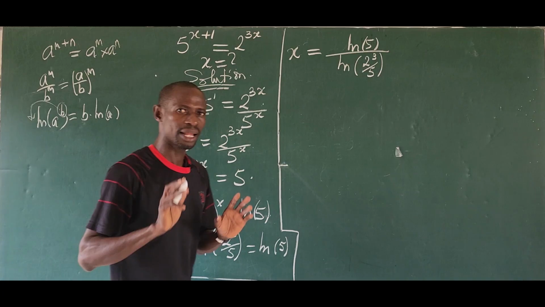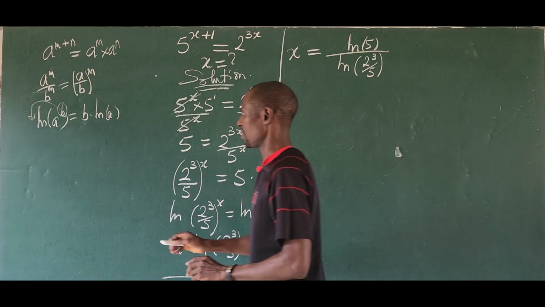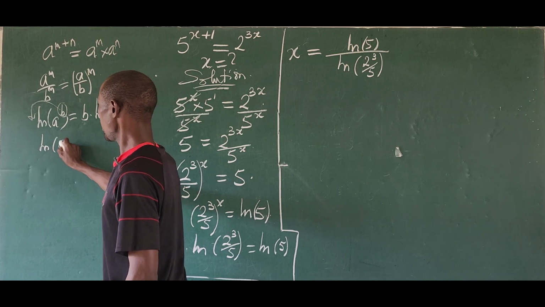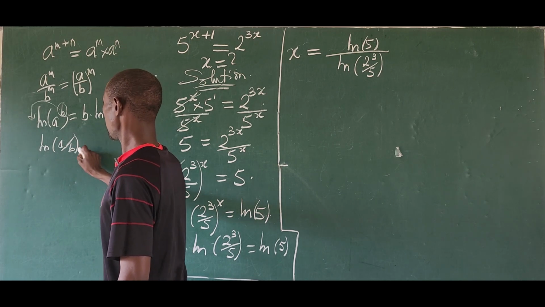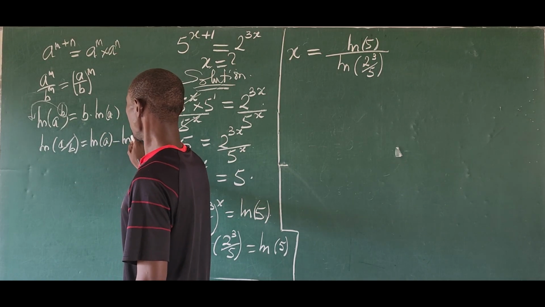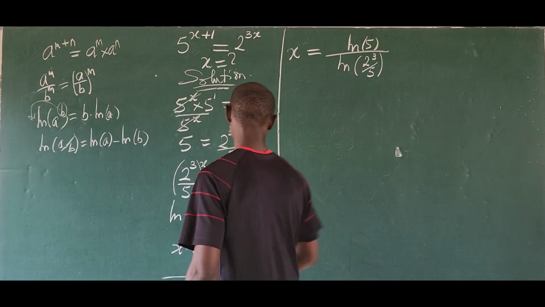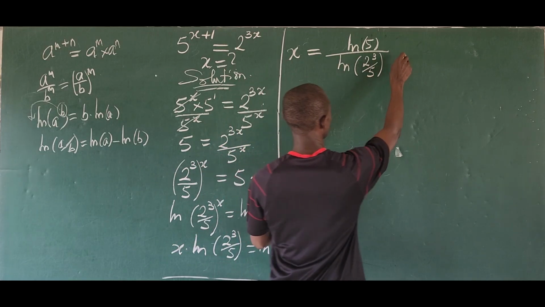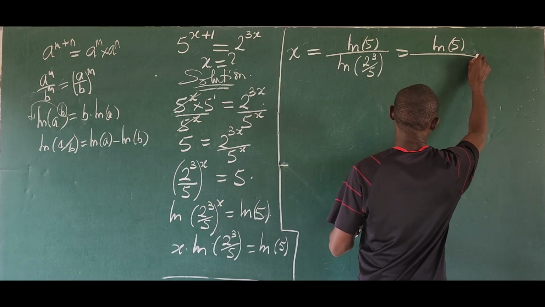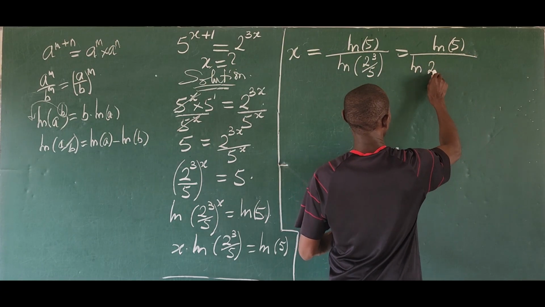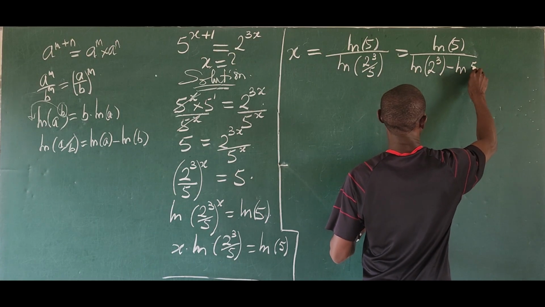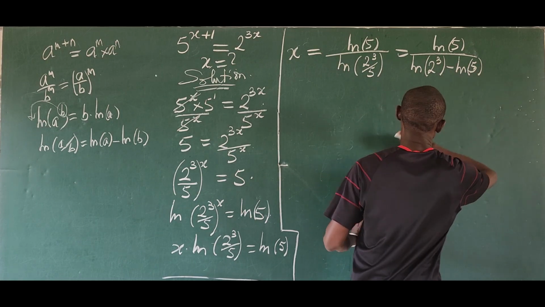Here we apply another law of logarithm, the division law, which says that when you have the ln of a divided by b, this is equal to the ln of a minus the ln of b. So this is going to give us the ln of 5 all over the ln of 2 to the power of 3 minus the ln of 5.